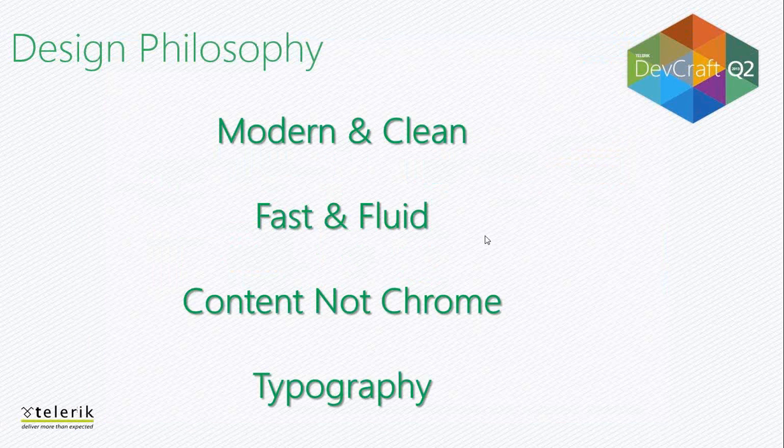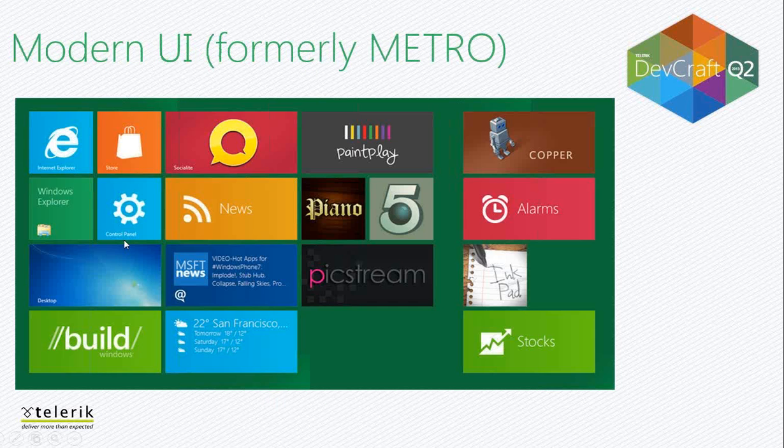But the modern UI talks about content, not Chrome. So there is no border at all when you look at a Windows 8 or a Windows Phone-based application. So that's one of the tenets or design philosophies of modern UI. Of course, typography. Let me go back, and we'll quickly look at the text that you see on this particular screen now. Just take a look at the text which says alarms, or stocks or news.